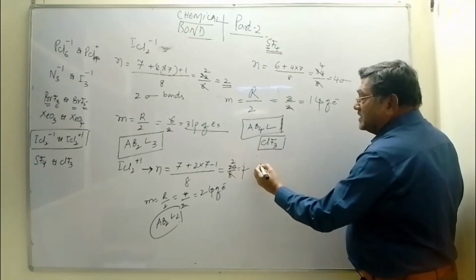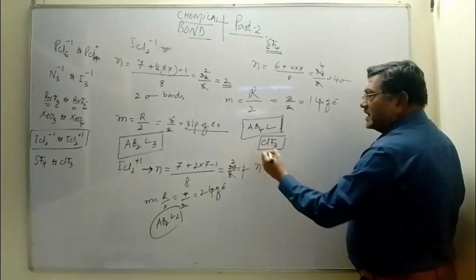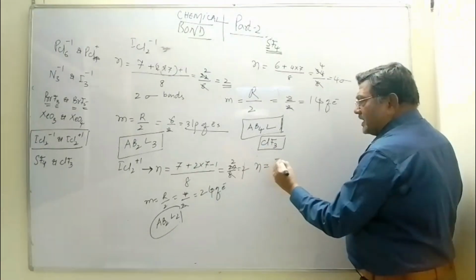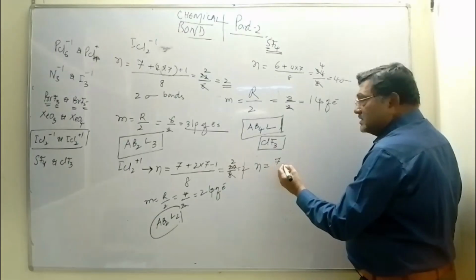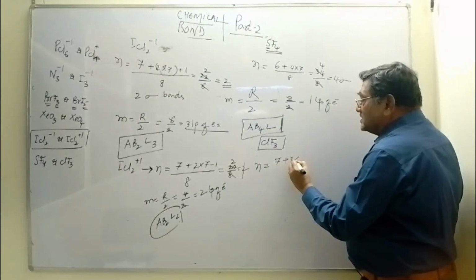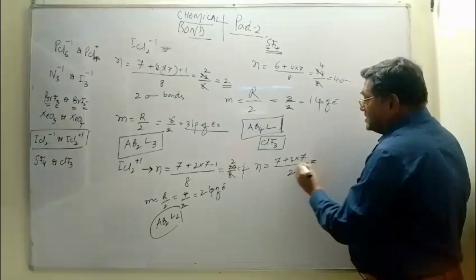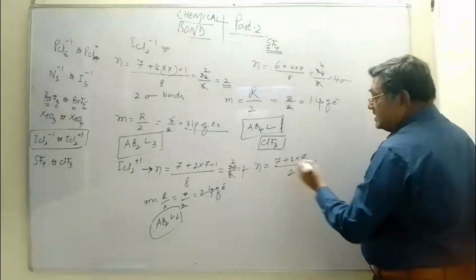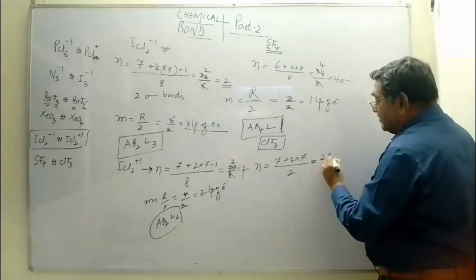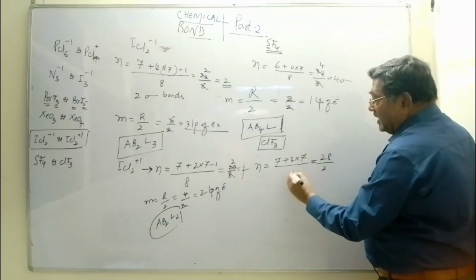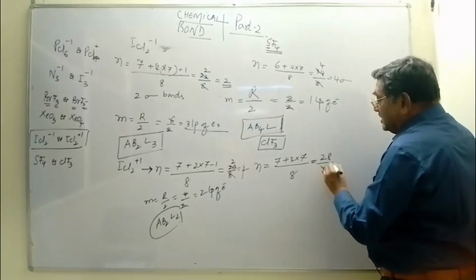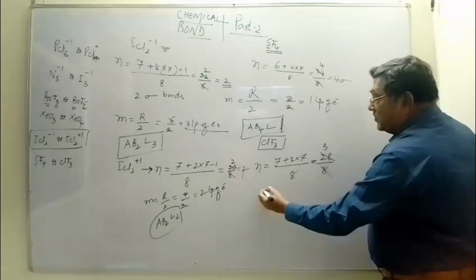What we are getting here, let's find out once again. Repeatedly I am making you practice, children. Don't think that it's a waste of time. It's 3 into 7, plus 7, that's 21 and 7, that's going to be 28 by 8. 8 3s are 24.